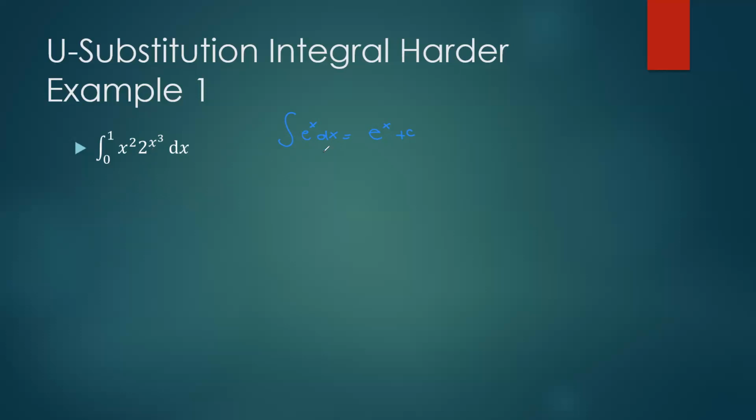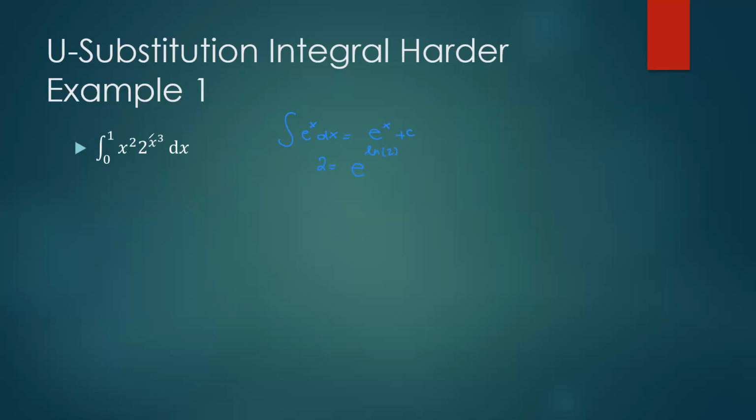Well, I know that 2 can equal e raised to the ln of 2, right? I'm trying to rewrite 2 as a base of e, because e and the ln cancel and you're left with 2.